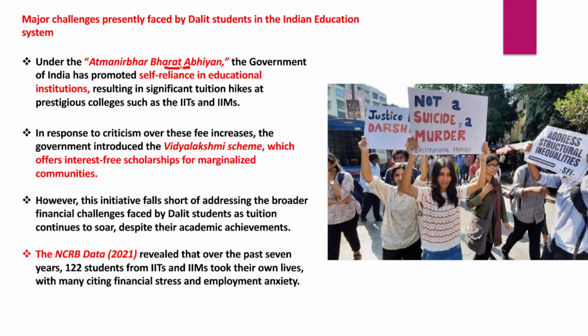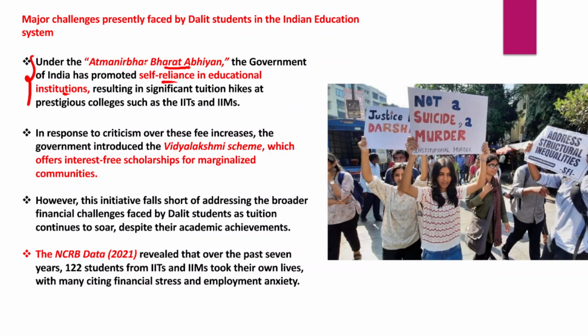So in fact, the objective or aim of Atmanirbhar Bharat Abhiyan is to make India self-reliant, particularly in different areas, but with respect to this particular aspect. As part of Atmanirbhar Bharat Abhiyan, the government has also focused on ensuring self-reliance in higher educational institutions.